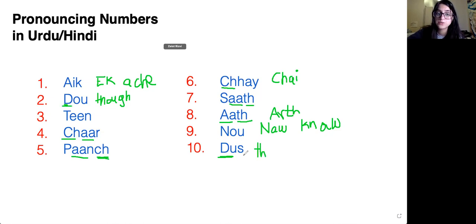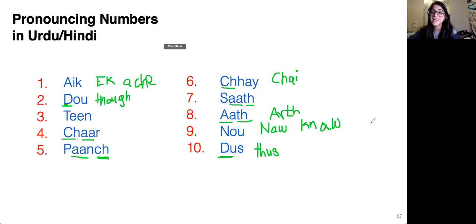So do was 2, and thus is 10. So it's like bus, but with the th. There is a word in English called thus, right? So he did this, thus I went here. So you could say it like that, thus.